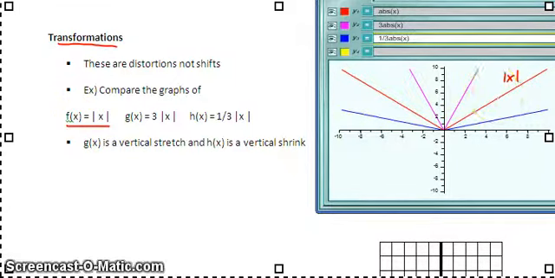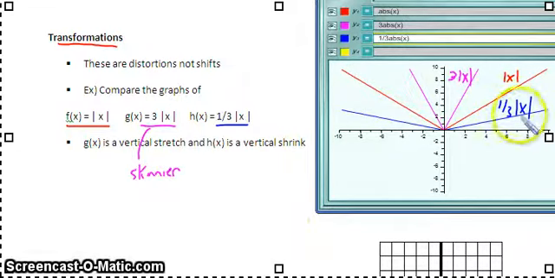What we're going to do to get to the pink graph, which is 3 times the absolute value of x, is multiply the parent function by 3. To get to the blue graph, that's 1/3 the absolute value of x, we're just going to multiply the parent function by 1/3. And notice what happens when I multiply it by a 3, it made the graph much skinnier.